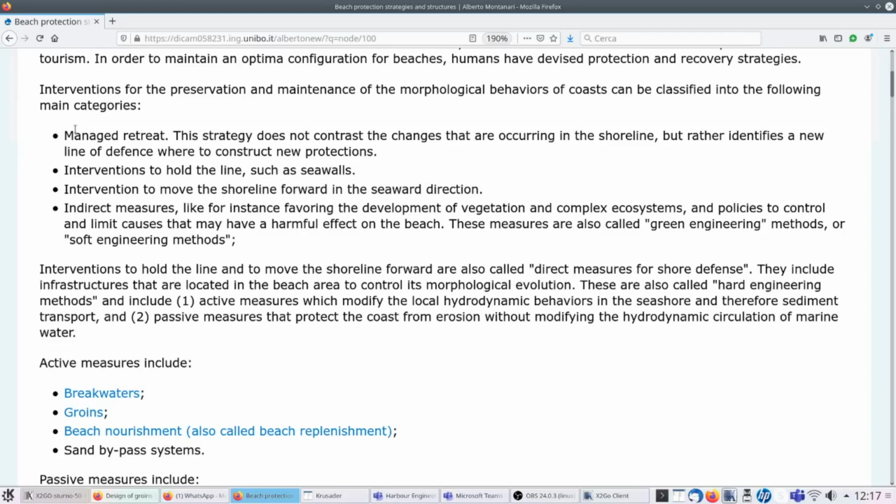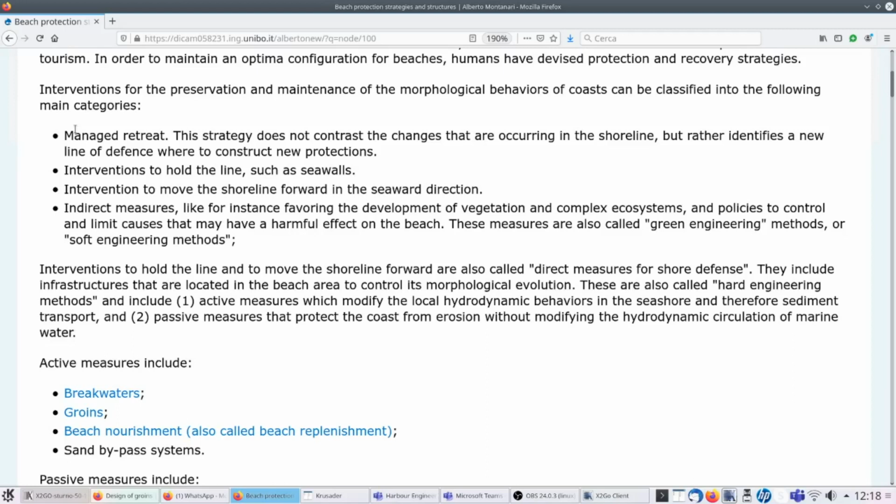And the way they are mixed should be devised by looking at the peculiar behavior of our case study and also looking at the stakeholders' opinion. Beaches are an extremely relevant resource from a societal point of view, and therefore their management nowadays is decided and designed by involving stakeholders in the discussion.